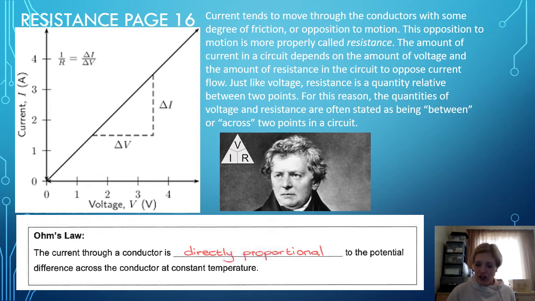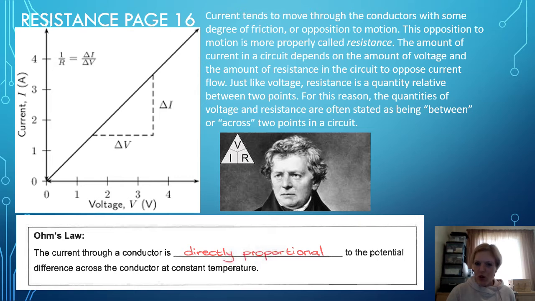Just like voltage, resistance is a quantity relative between 2 points. What does that mean? What is potential difference? It is the amount of potential energy between 2 points. Resistance can be the same. It is like in the light bulb: what is the resistance of the light bulb between point 1 and point 2?